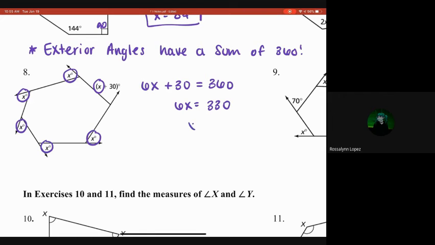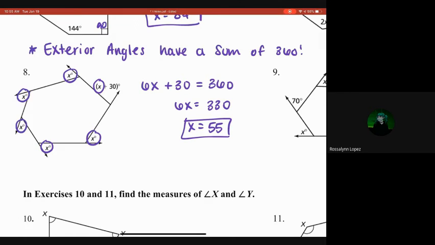And I'm going to divide to get 55. We cool with that? Yes? Okay. People at home, are we okay so far? Yeah. Excellent.